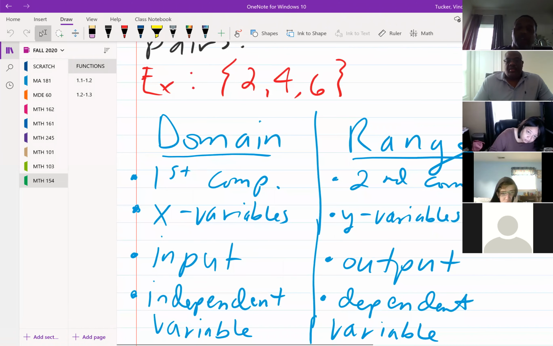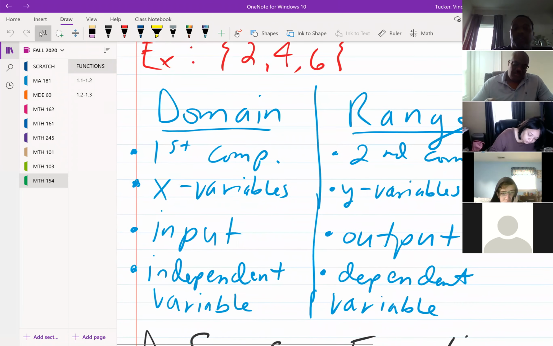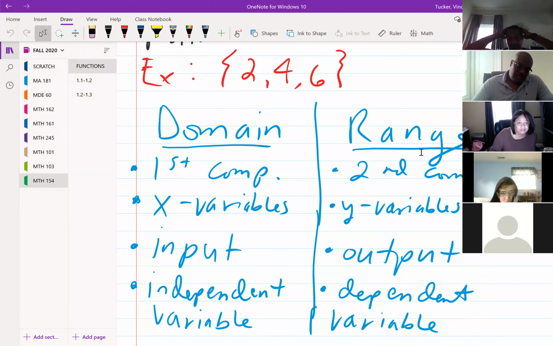All right. So this is your domain and range in comparison. Your domain will be your first components, range, second components. We already talked about that relationship. Your x variables for your domain, y variables for your range. Domain is your input, your range is your output. In other words, domain are the values you plug in, the range are the values you get out.